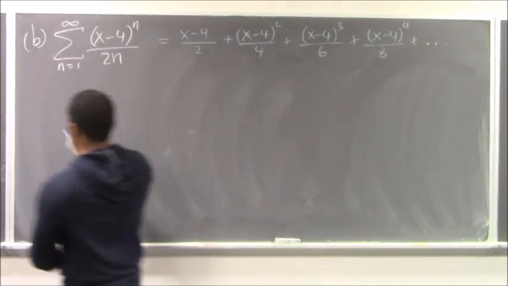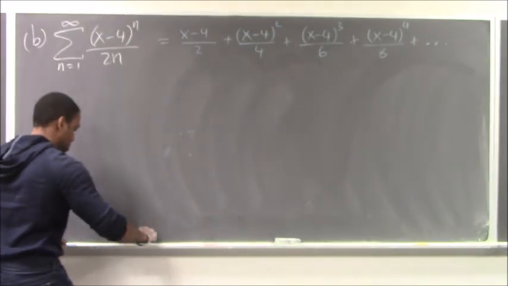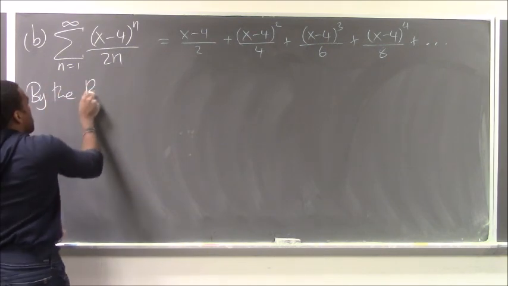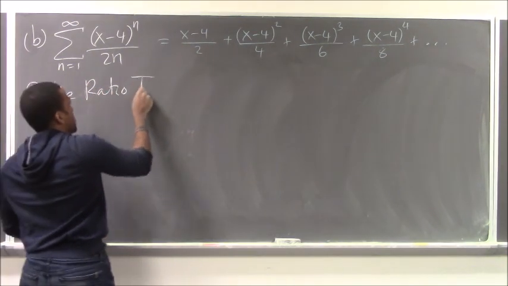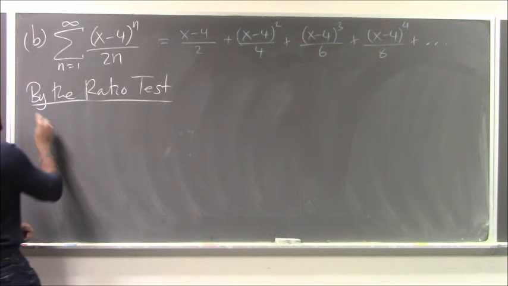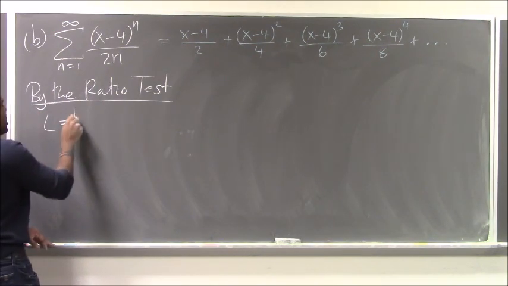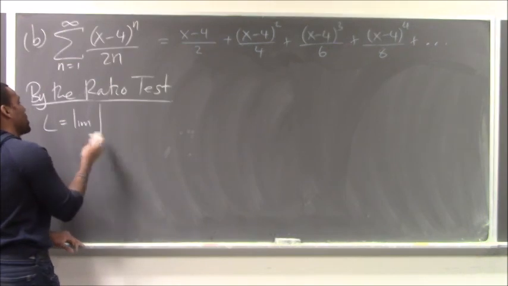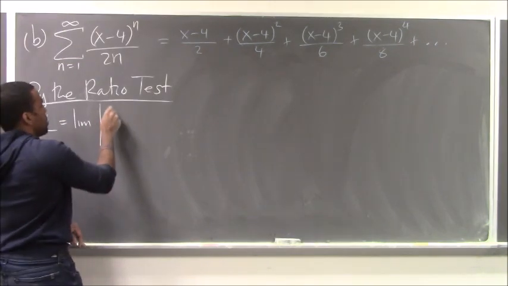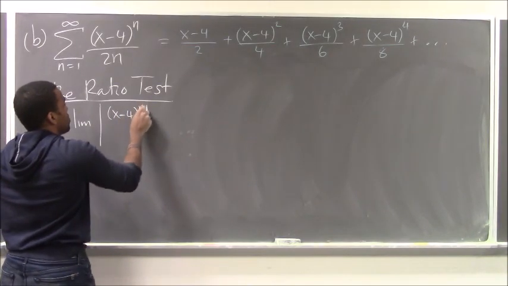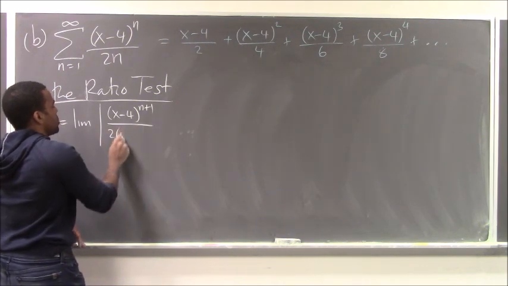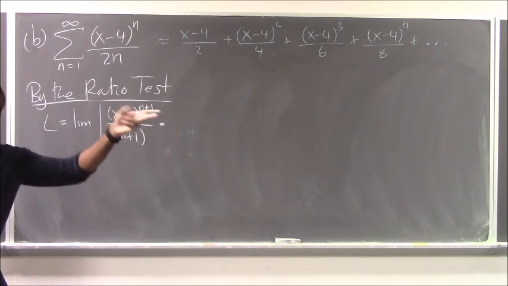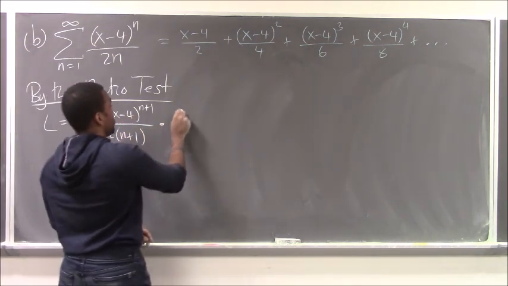So, by the ratio test, we're going to set up the limit as n approaches infinity. Like, we don't write it down, but we know that's what it is. x minus 4 to the n plus 1 over 2 times n plus 1. Now, instead of dividing by that, I'm going to flip and multiply by the reciprocal.